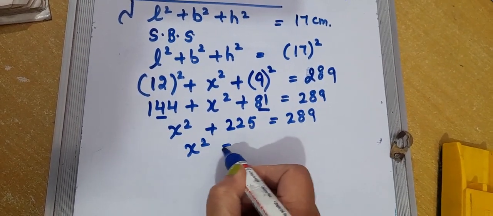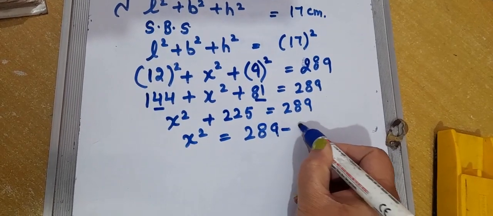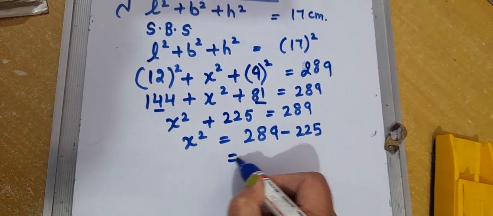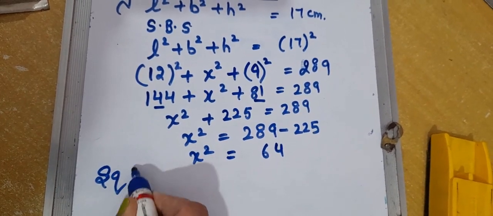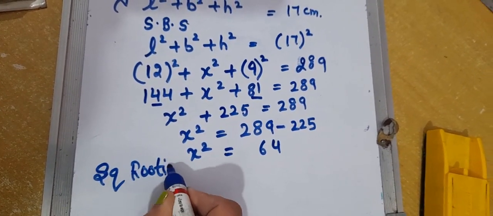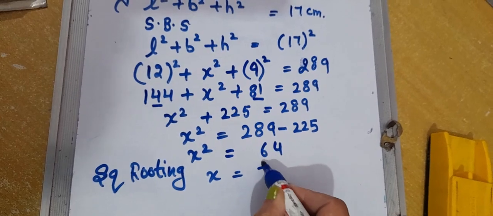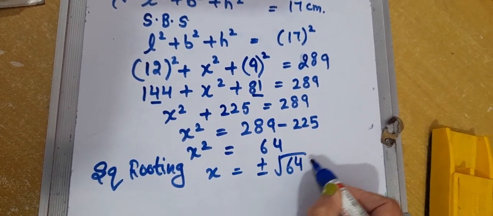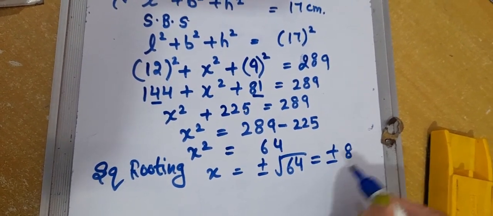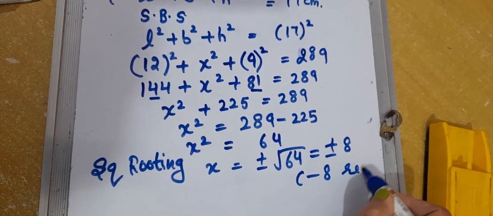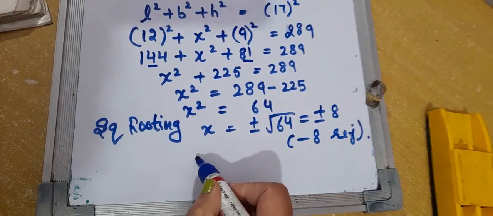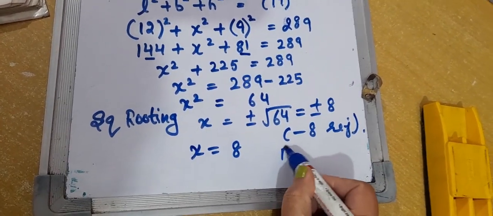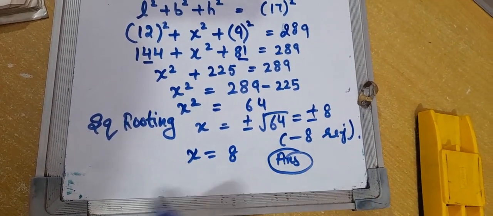So x square is 289 minus 225, 64. Square root both sides, you get x equals plus minus root 64, plus minus 8. Minus 8 centimeter is rejected as the length cannot be negative. So the value of x is 8. This is our answer to number 3.